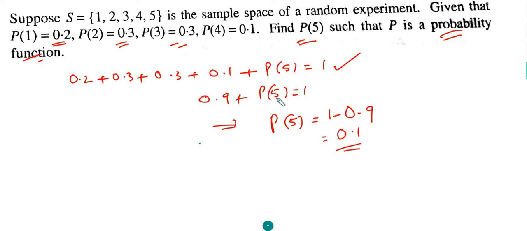So this 0.9 plus the probability of 5 must be equal to 1. We have to find out the probability of 5. It must be 1 minus 0.9, that means 0.1. So P5 must be 0.1. Then only this will become a probability function. Okay, hope you understood. We'll stop here.